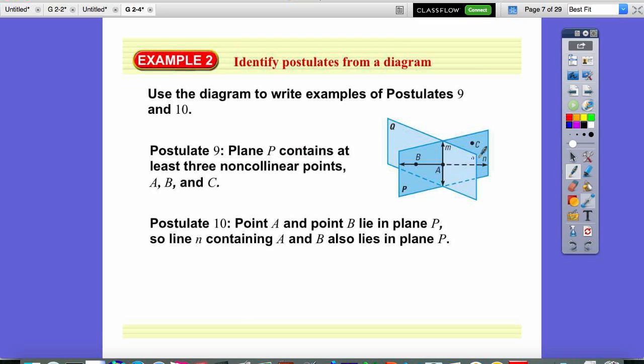So we could say plane P contains points A, B, and C. Okay? We can't say anything about plane Q because we only have the 1 point labeled there. But let's say they had a point here labeled D and a point here labeled F, then we could also say plane Q contains points D, A, and F.